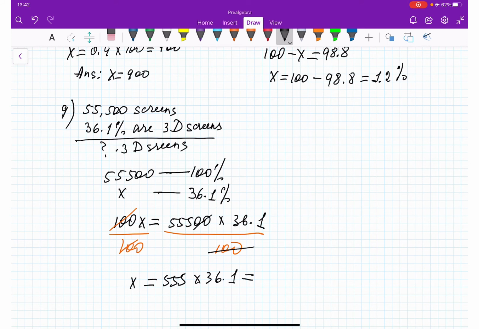I'm going to save time doing drafting here. 555 times 36.1, and we are getting 20,036, rounding up. 3D screens. Okay?